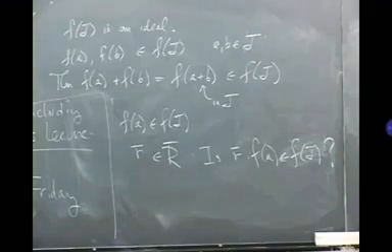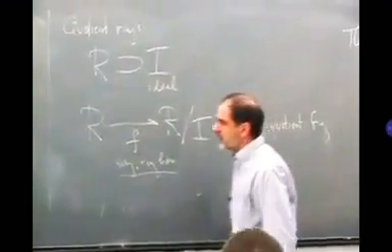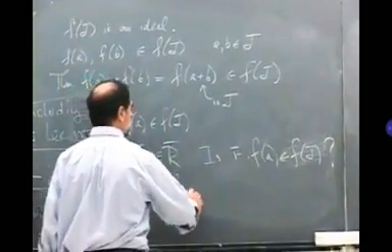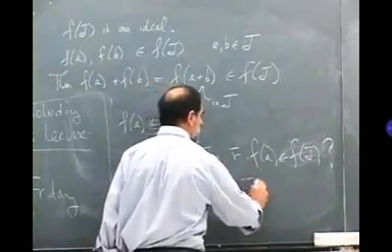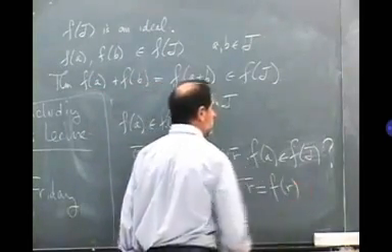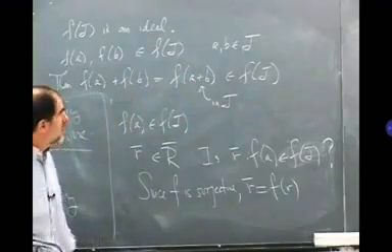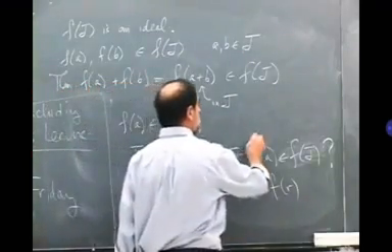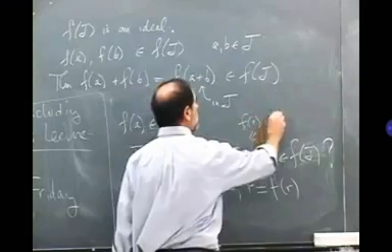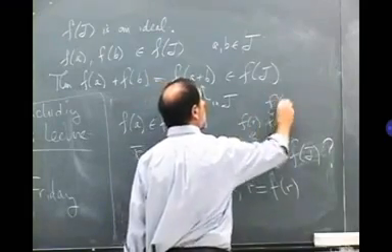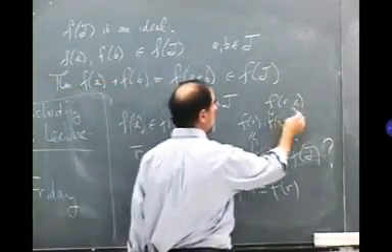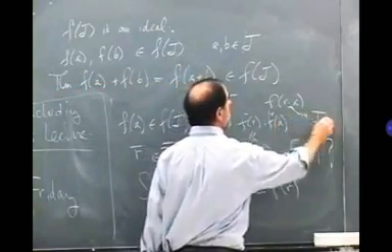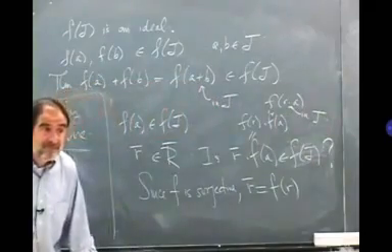You see, this happens to be a surjective ring homomorphism. Since f is surjective, we can write r bar as some f of r. And having written r bar as some f of r, we write this as f of r times f of A, which is f of r times A, because f is a ring homomorphism. And this is an element in f of J, because J was assumed to be an ideal.